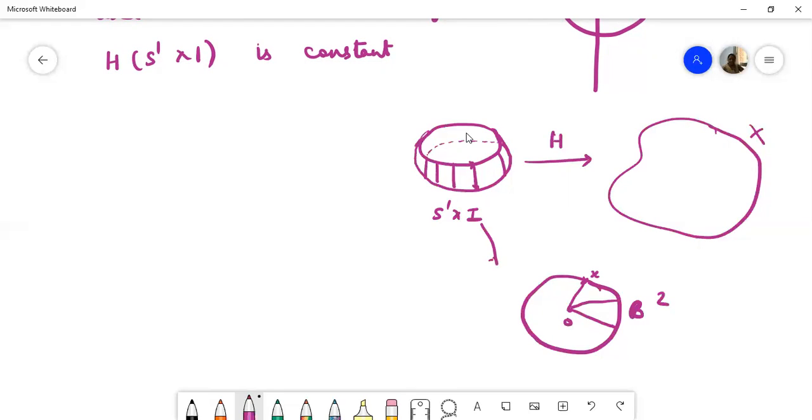So this is our mapping pi, which we have defined. And this capital H is the homotopy, defined from S1 cross I to X. But we have to define a mapping K from B2 to X. So we define this K, which is an extension of small h, by this mapping pi.